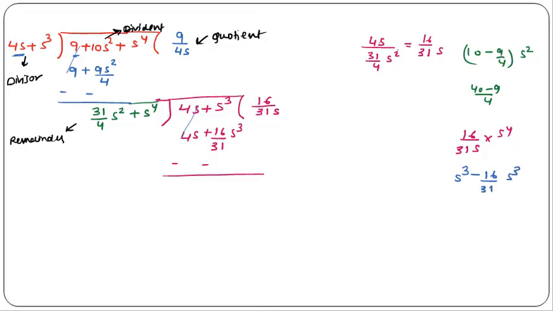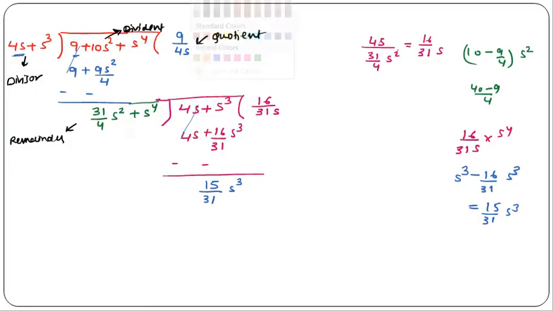This will be 31 minus 16, which gives 15 by 31. So it will be equal to 15 by 31 into s cube. Let us write here. Now again we are getting some remainder. This remainder should become 0. Until it becomes 0, we have to perform this division.